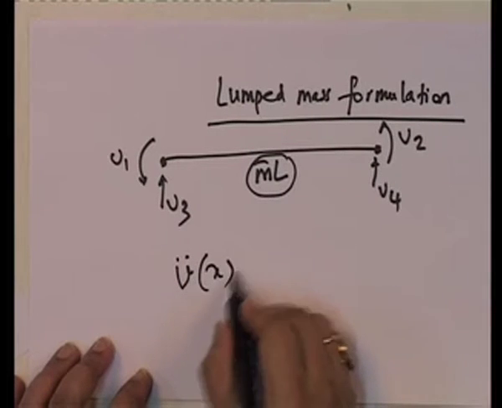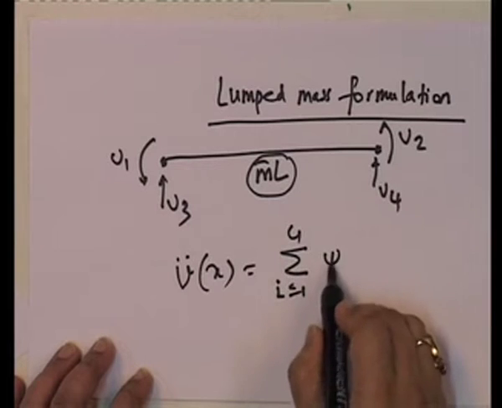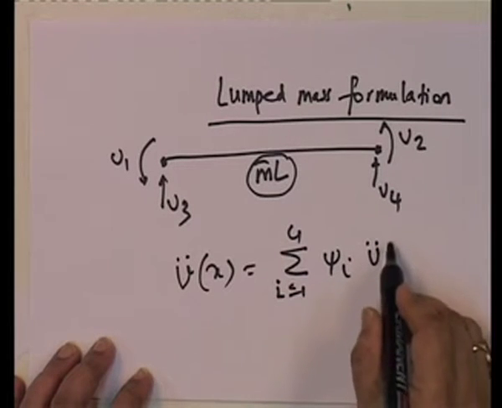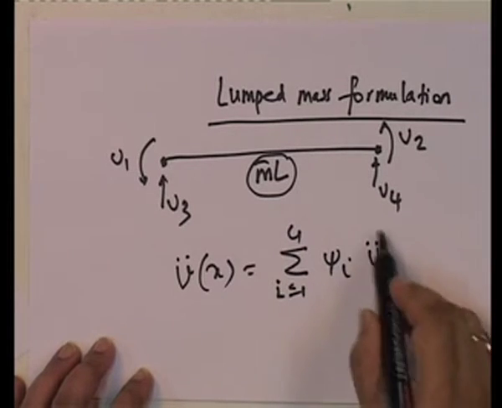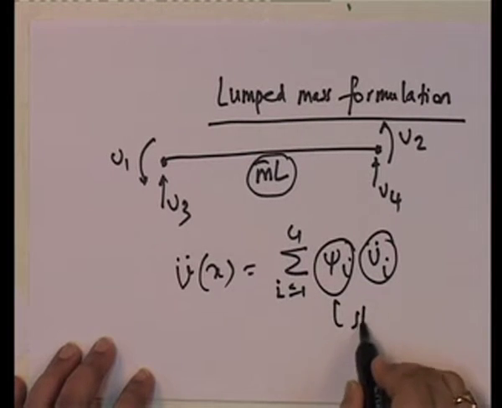Okay. See, understand that even for the acceleration, what we say is consistent mass formulation, people may say that is absolutely the correct way of doing it. But you see, who says that this is valid? Who says that the acceleration follows the same shape function?